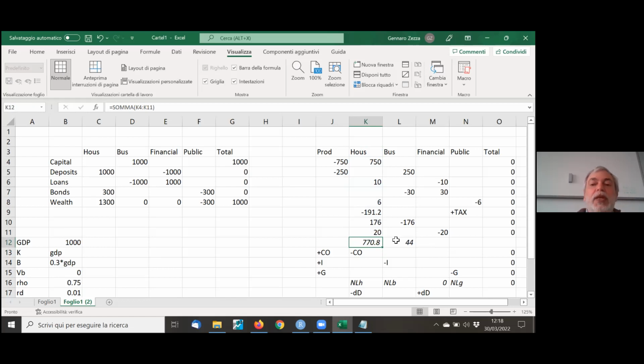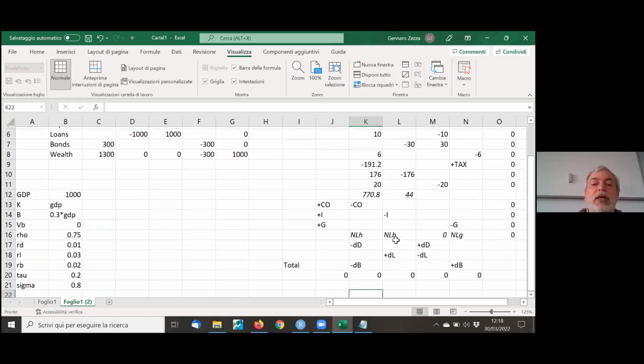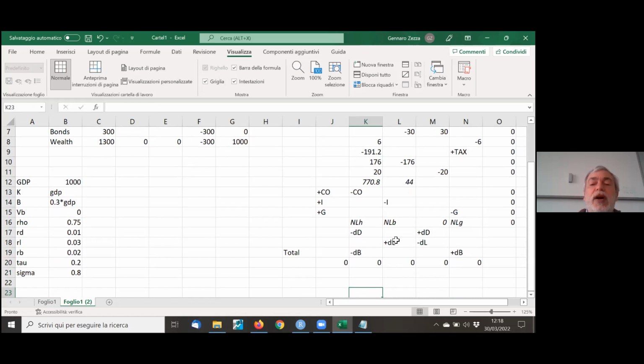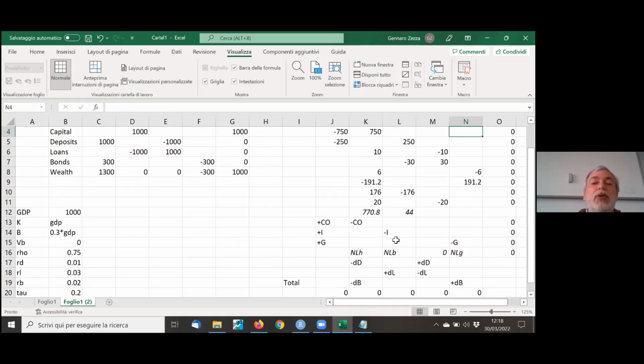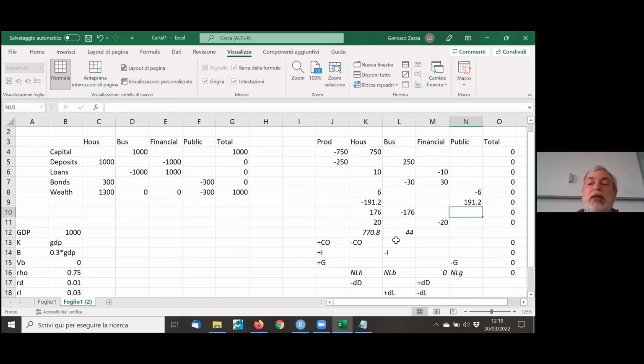So now we need to have a consumption function, an investment function, which are compatible with the GDP that we have obtained. So let's start by assuming a value for government expenditures. So the government is earning 190 in taxes, it's paying 6 in interest.